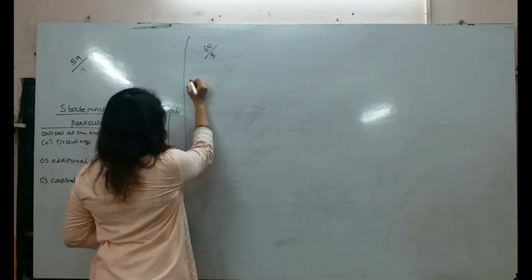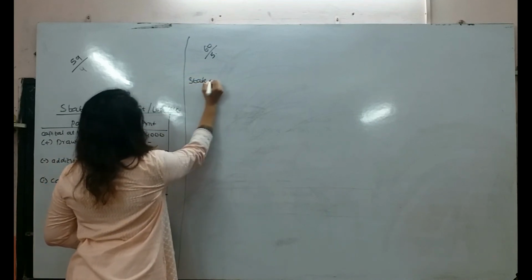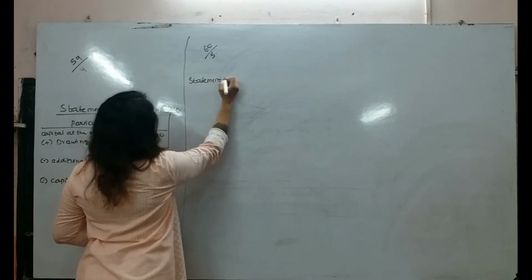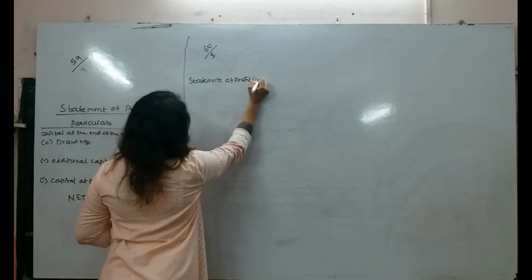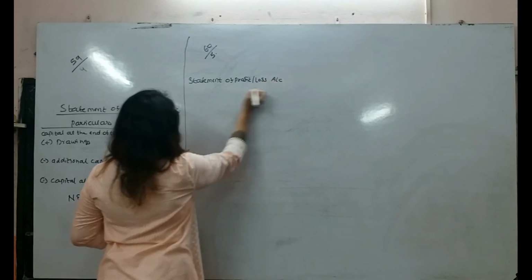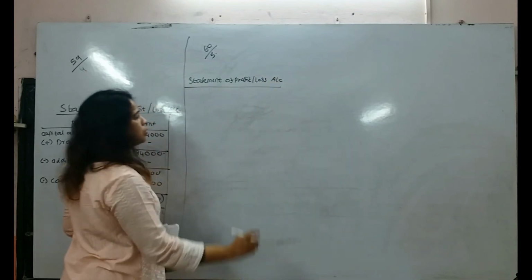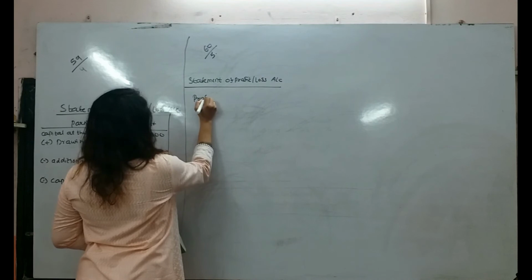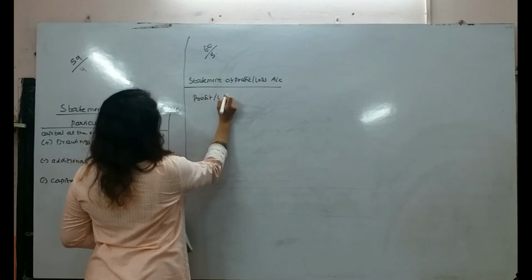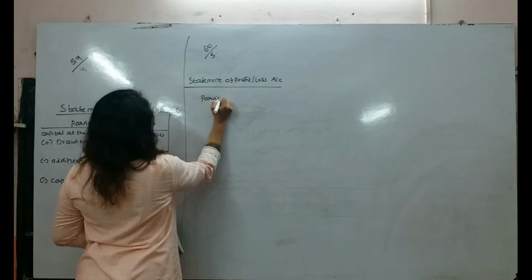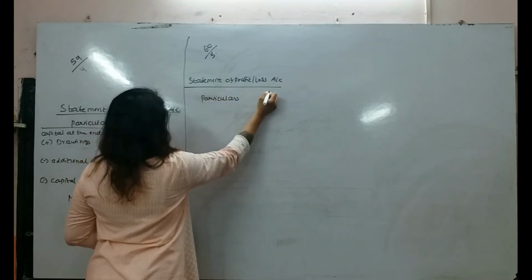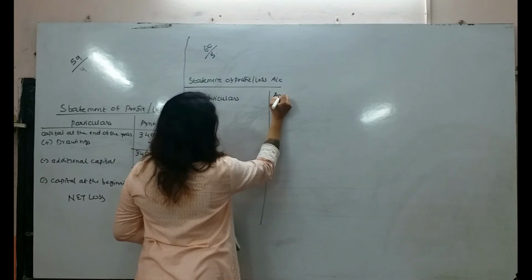First we will stick to our basics, that is, first we will write down the format. Statement of profit or loss account. Every time you need to write this. Without the heading you should not start. Sorry, I'm very sorry. Then we'll prepare the format, particulars and amount.